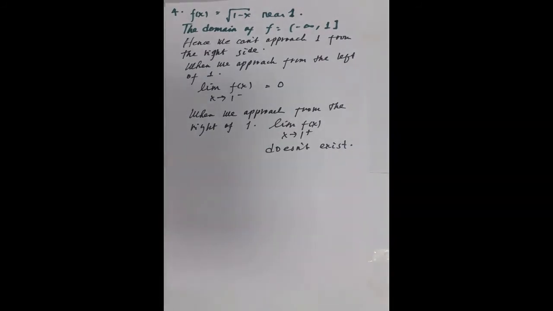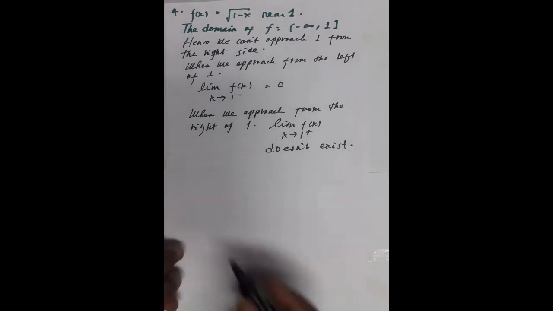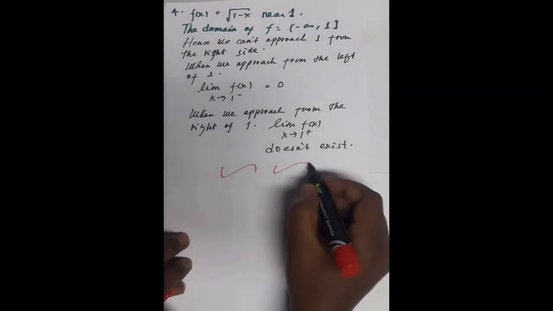This is another property of a limit. When the limit from one side exists, from the other side it may not exist.